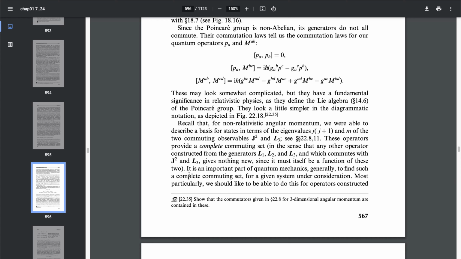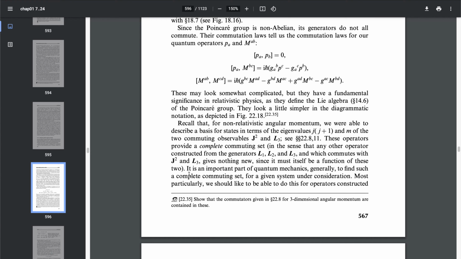So it's just strange for me that L1, L2, and L3 in this case are the generators of the Lie algebra, but they're not commuting between themselves, and we can form G squared, which commutes with every element.